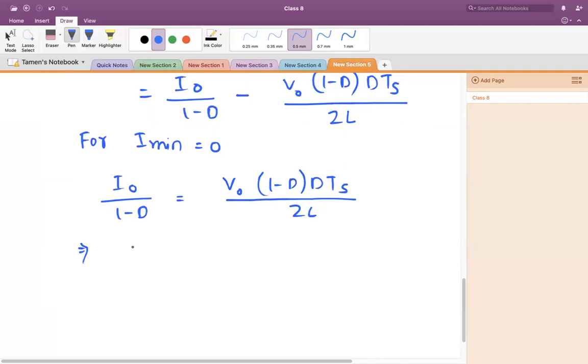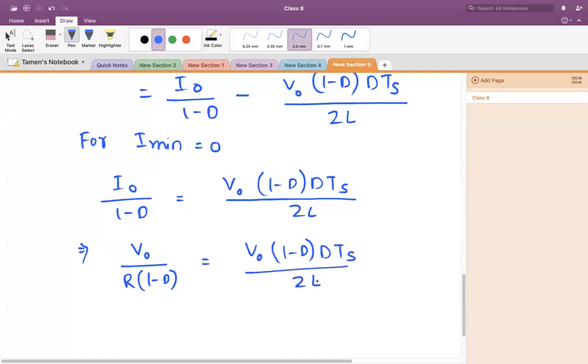So I naught, we can write V naught upon R into 1 minus D equal to V naught upon 1 minus D DTs by 2L. So this V naught will be cancelled.